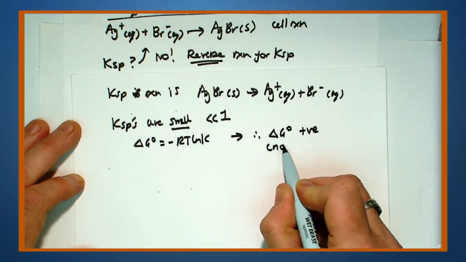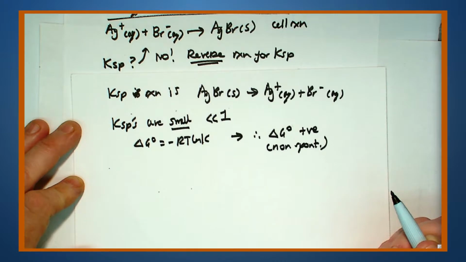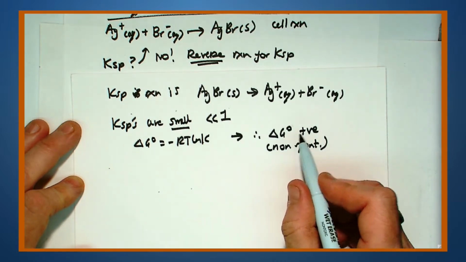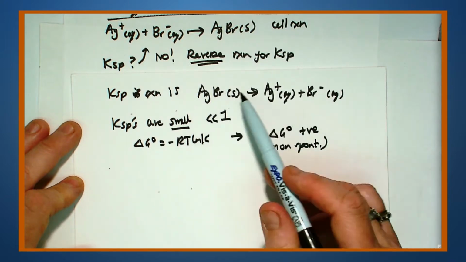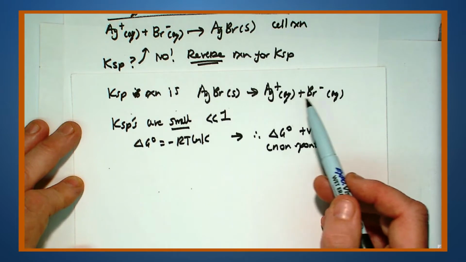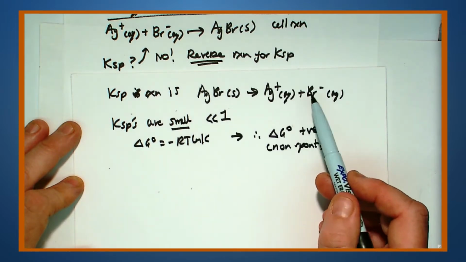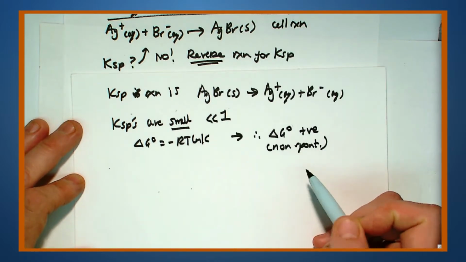In other words, something that's non-spontaneous. All right, that would be consistent. The delta G that goes along with the Ksp is going to indicate non-spontaneous.